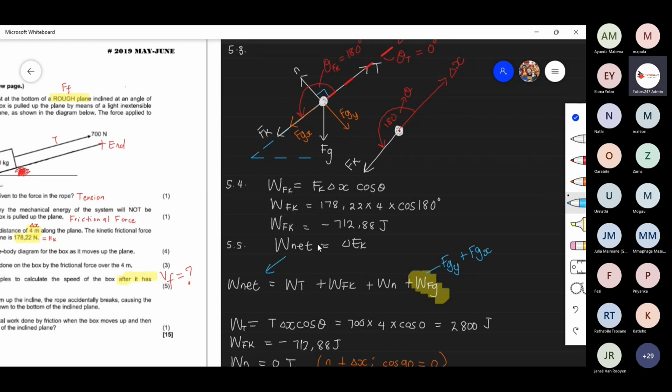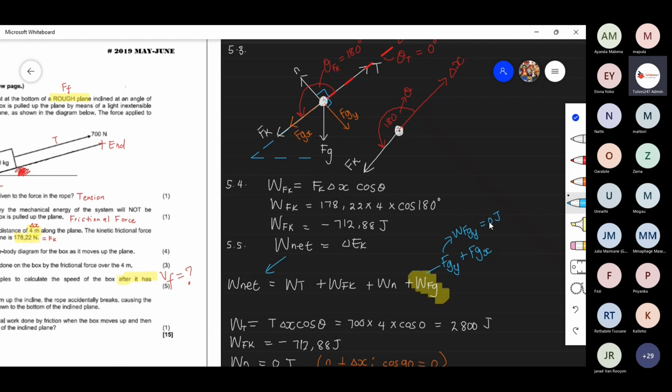And normal force and Fgy always form a straight line. Angles on a straight line, 90 plus another angle gives you 180. That means that this is also 90. So because the angle theta of Fgy is 90 degrees, the work done by Fgy is going to be 0.